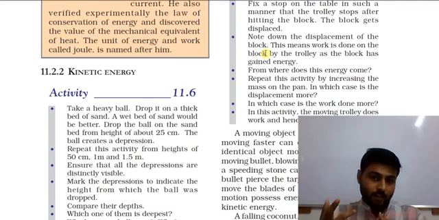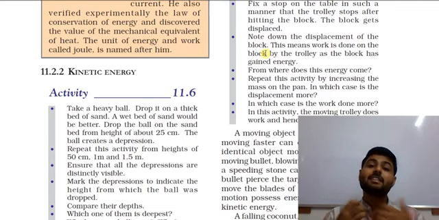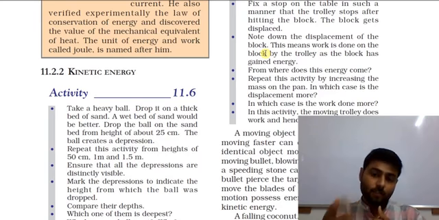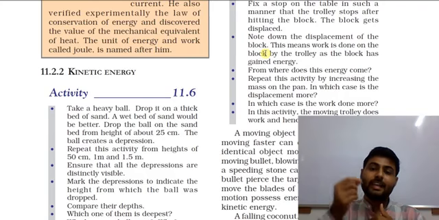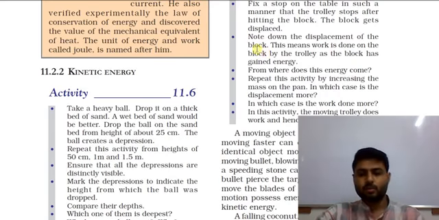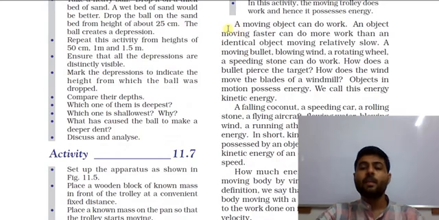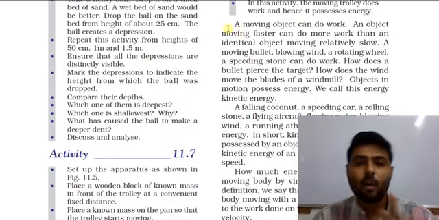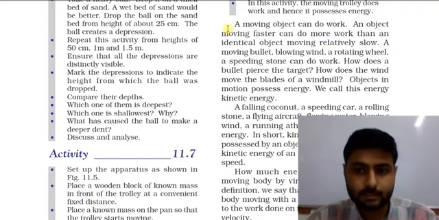It can do work because it has energy, and this energy is due to its motion, its velocity. So we can say that a moving object can do work.